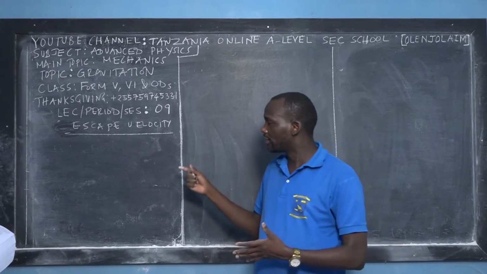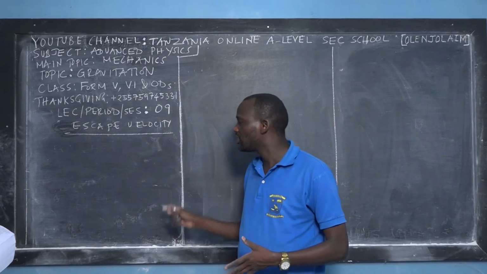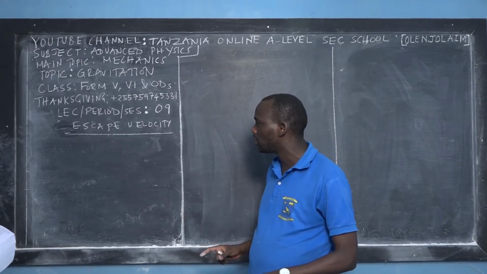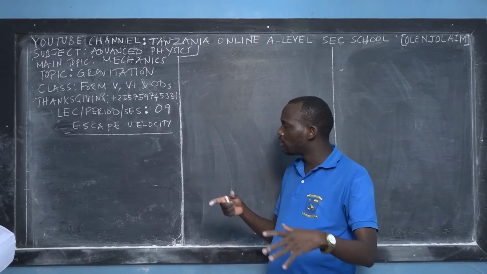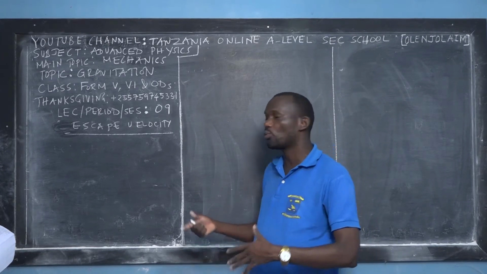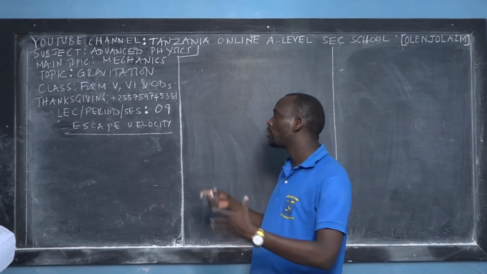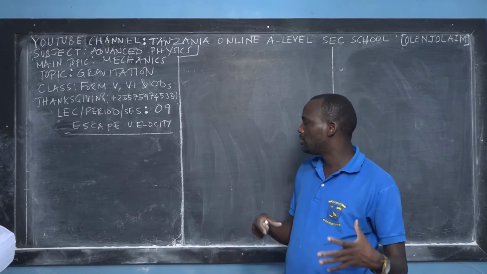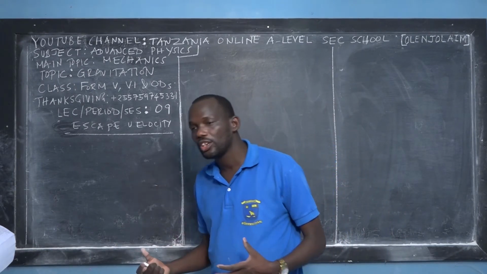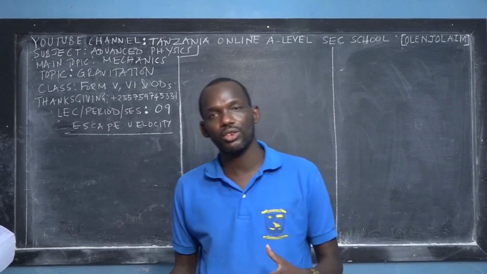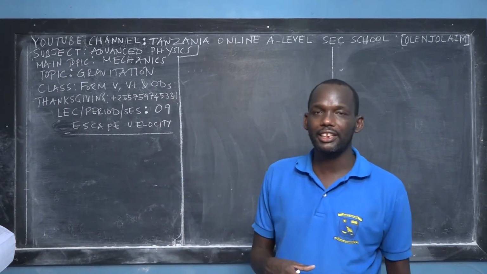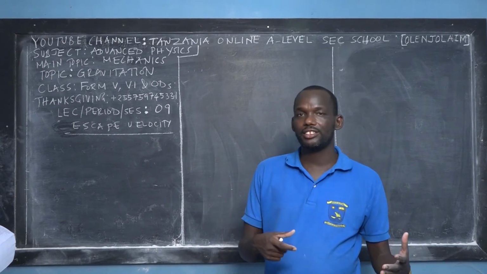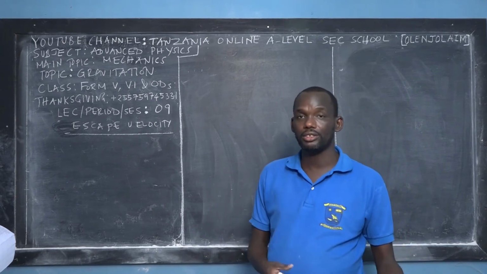You should understand what escape velocity means, where we apply the concept of escape velocity, why we need it, and what the mathematical formulas are which can help astronomers or spacecraft specialists to compute the escape velocity of particular satellites, or any heavenly body that has been sent to a particular place.